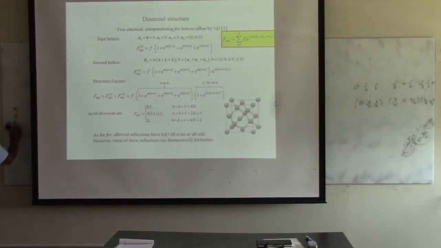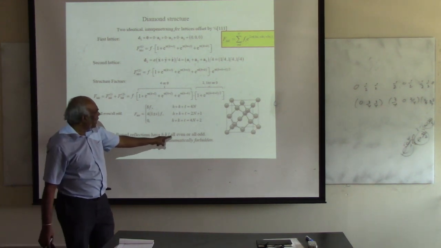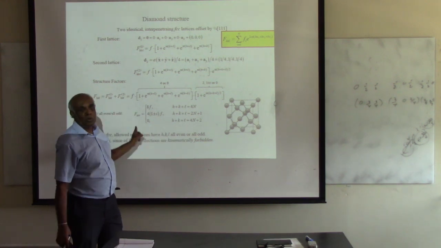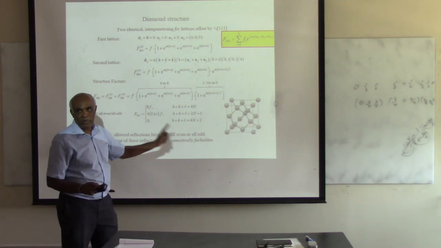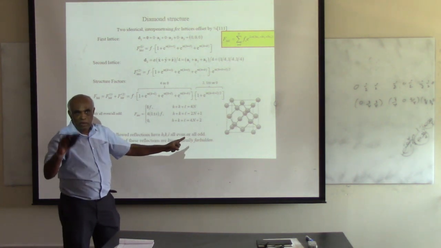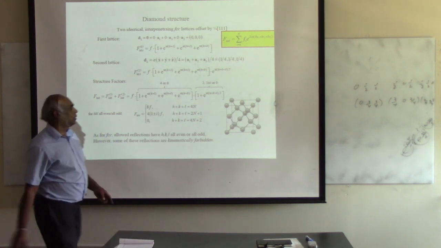Other than that, it's more like the FCC structure. As for FCC, allowed reflections have HKL either all even or all odd, but the additional requirement is the sum of H plus K plus L should be a multiple of 4. That's the important thing.